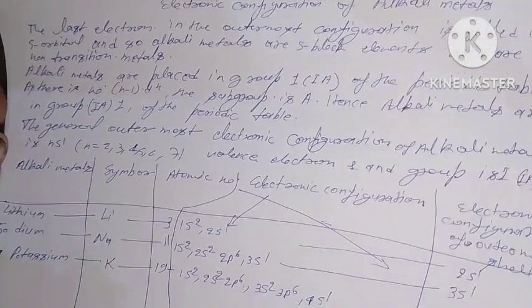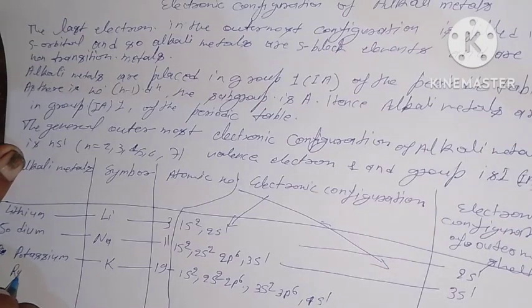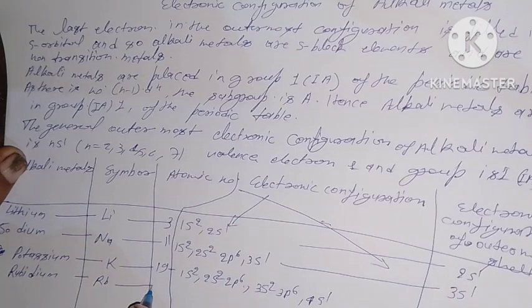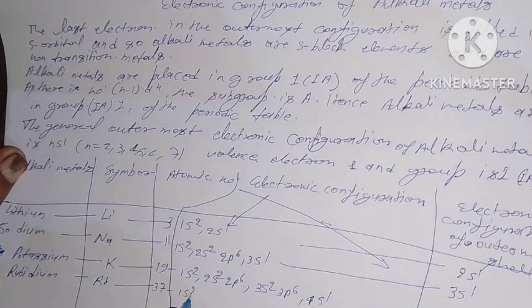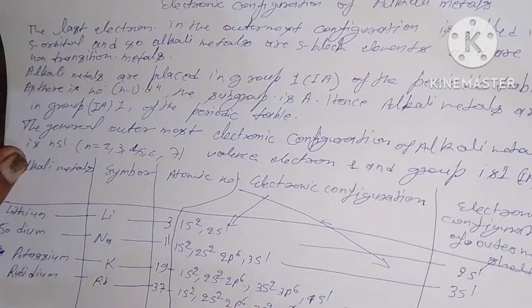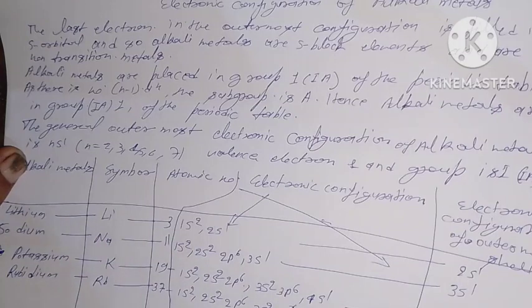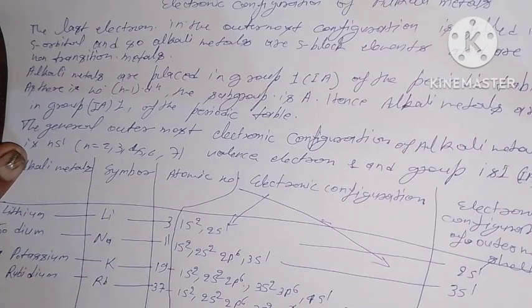Next is rubidium, symbol Rb, atomic number 37, electronic configuration 1s2 2s2 2p6 3s2 3p6 3d10 4s2 4p6 5s1, outermost 5s1.